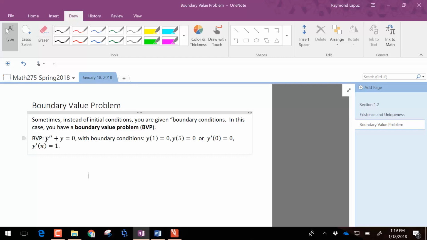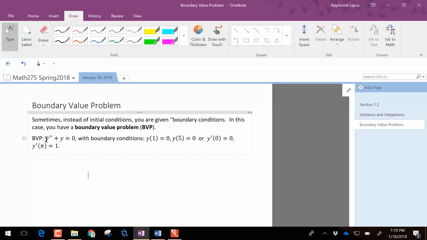Sometimes you might be given a problem like this, and we'll see a couple of these problems come up, and I don't know how much I'll stress this in our quizzes and exams, but sometimes you have some information about what's happening on a couple of points, and this would probably work more on higher order differential equations, usually second order differential equations.